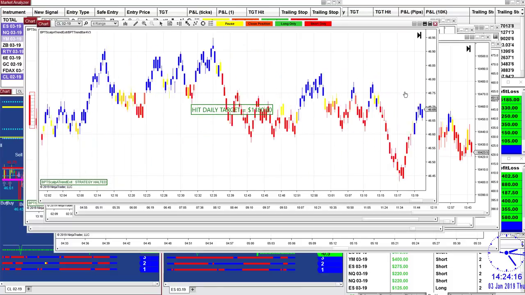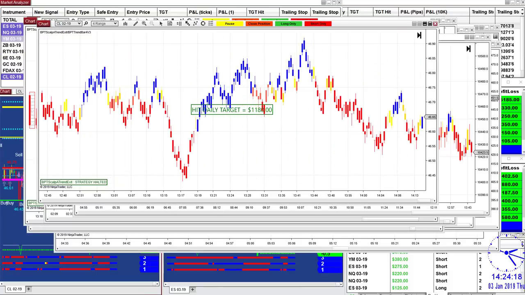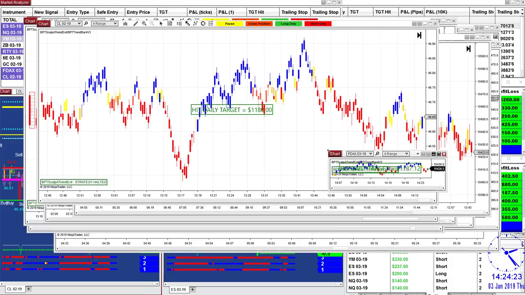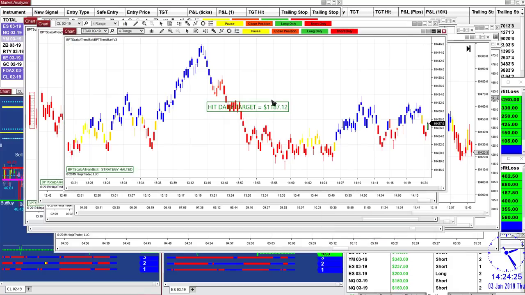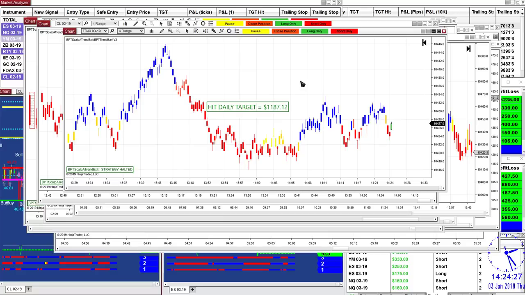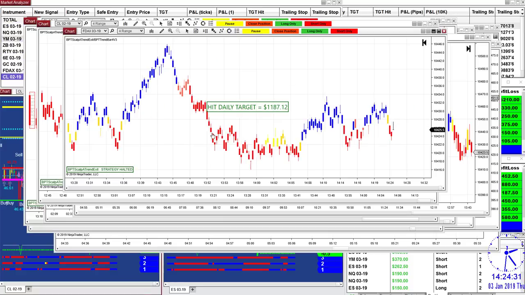The range is 1180 on the CL. And let's see what the range did. I don't trade the range. I like the minutes. But for the range on the DAX also, this morning, 1,100.